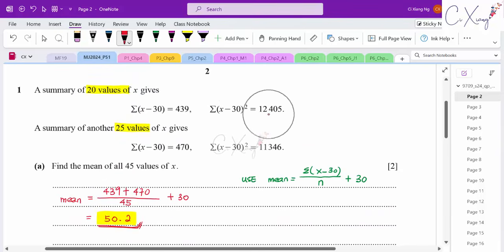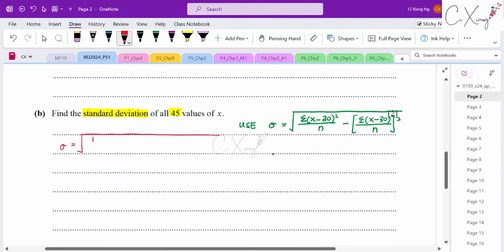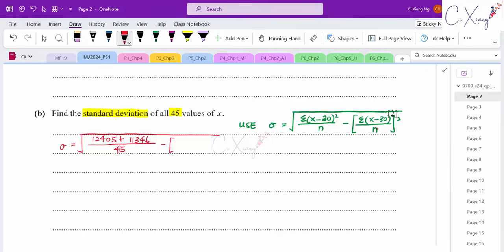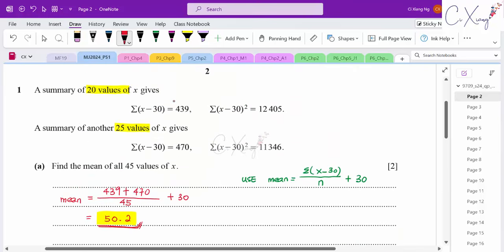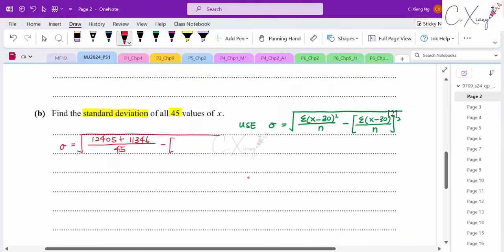So I take 12405 plus 11346, add them together, divided by the total number n, which is 45, minus summation of x minus 30 divided by n, then you square it. The summation of x minus 30 is these two, so add them together, then divide by 45 and square it.